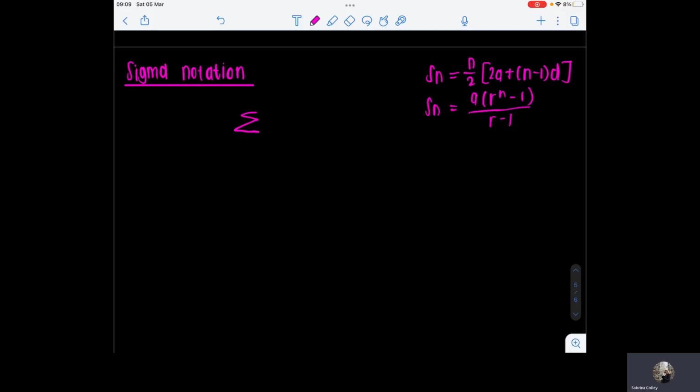So you need to make sure with sigma notation, you are looking for the sum of terms. So for sigma notation, it looks a bit like this: k, maybe k is equal to 1, and we've got our formula here. This n tells me my last term number.